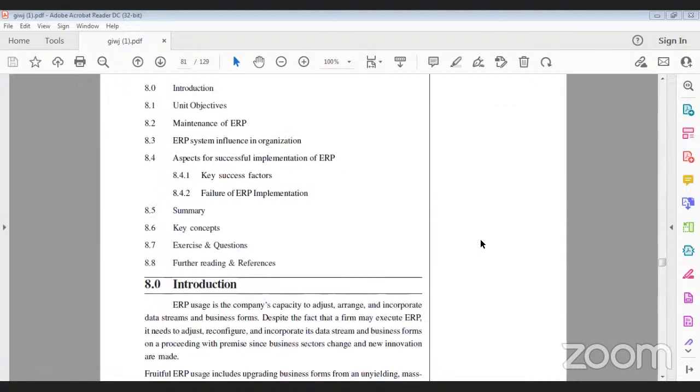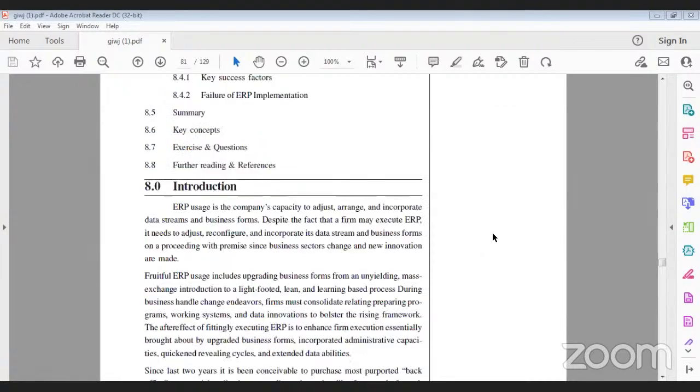In the introduction, you will find that ERP is the company's capacity to adjust, arrange, and incorporate the data streams and business forms. Even though the firm has executed ERP, it needs to adjust, reconfirm and reincorporate its data streams and business forms on it, continuing on the premise that the business cycle and change information monitor.